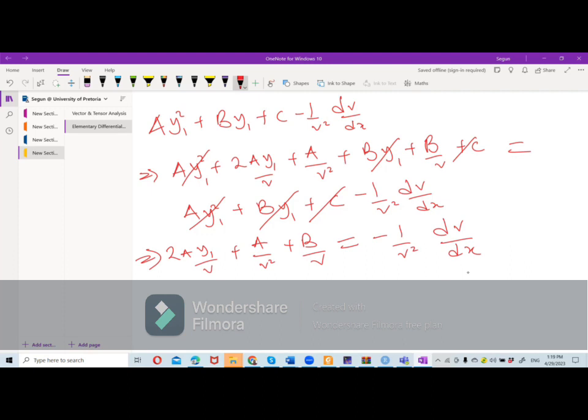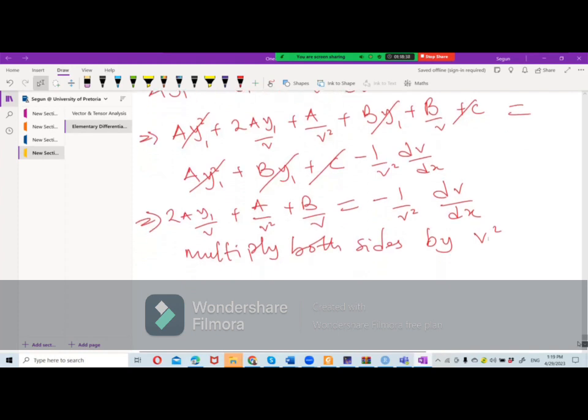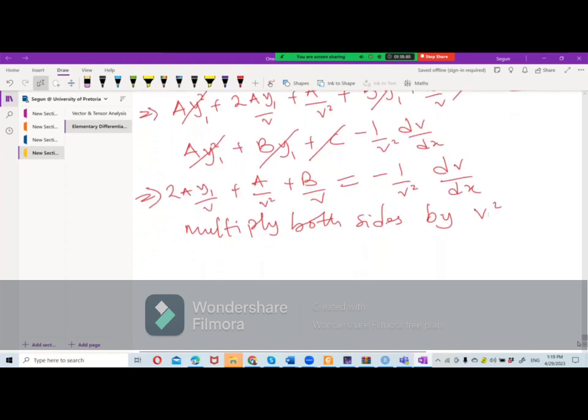Now, we need to be strategic. Multiply both sides by v squared. Multiply both sides by v squared. If you multiply both sides by v squared, what happens?